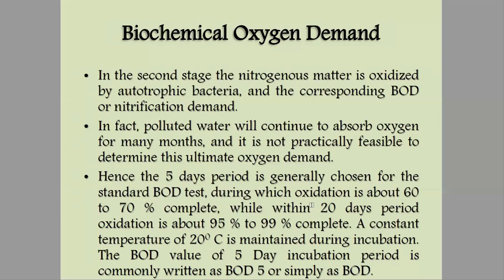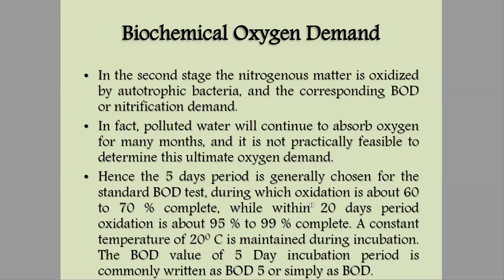You might have heard or seen in the syllabus that in practicals also we have performed the determination of 5-day BOD. Meaning we do this for 5 days, and using this, we can find out the ultimate oxygen demand using empirical relations.